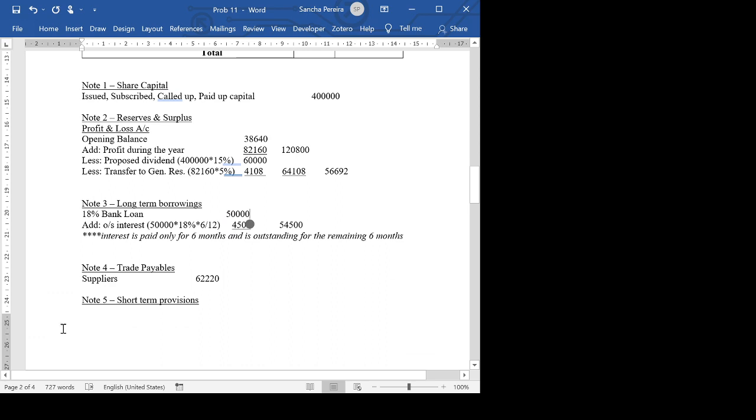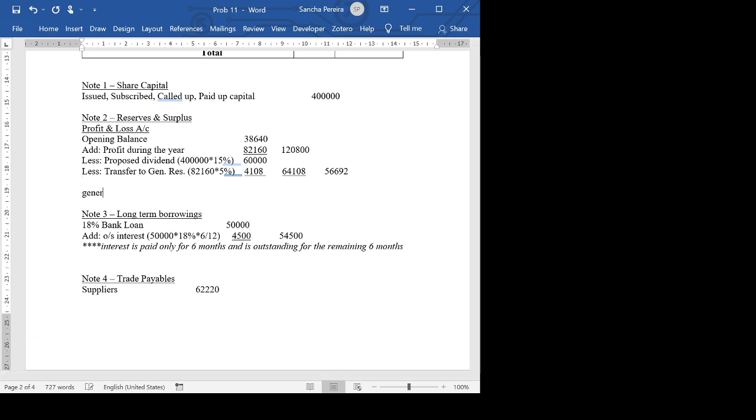Okay, so in reserves and surplus, profit and loss is going to be our first item. General reserve is going to be a second item. Sometimes in some problems they give you the general reserve, so you'll have the opening balance plus there will be a certain percentage that is transferred. But in this problem we didn't have it at all, but we have created it.